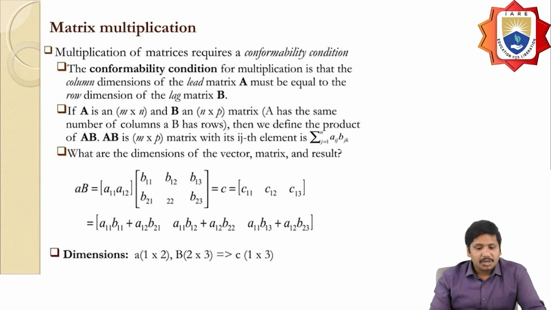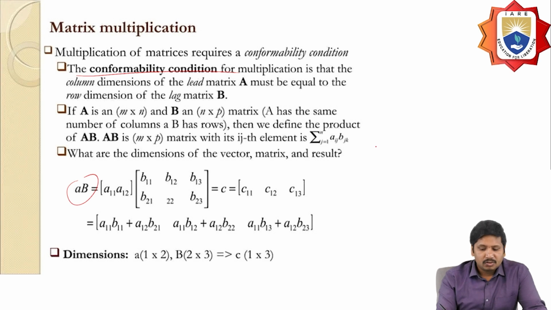In matrix multiplication, the conformability conditions should be considered. If A is an M by N matrix and B is an N by P matrix, how is the product going to be performed?